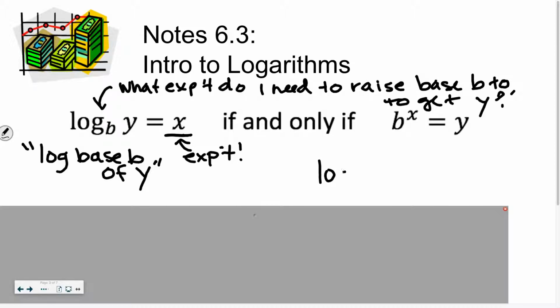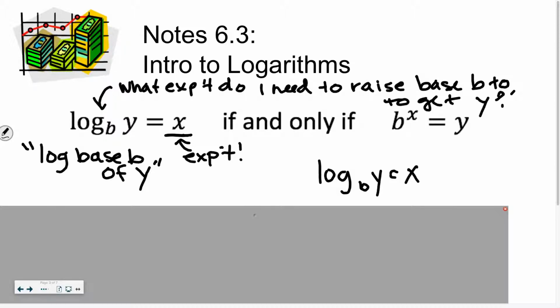Now, I'm going to show you right here, log base b of y equals x. I like to sort of draw a little swirl. It's not really mathematically a thing, but some people like it because it helps them rewrite it.